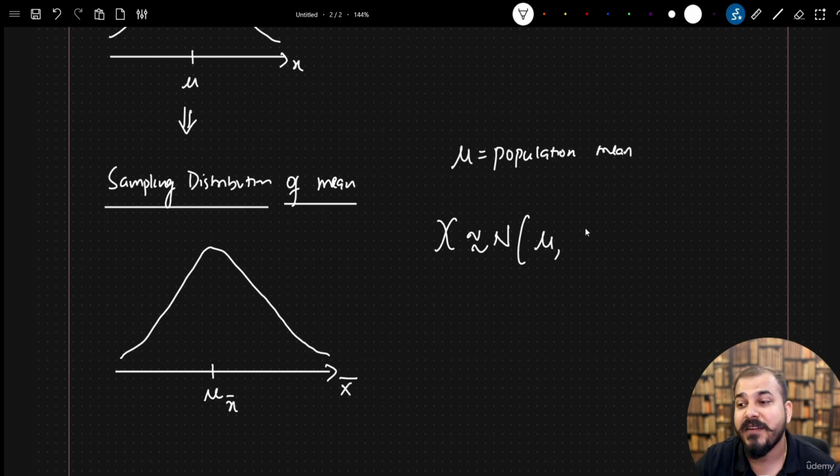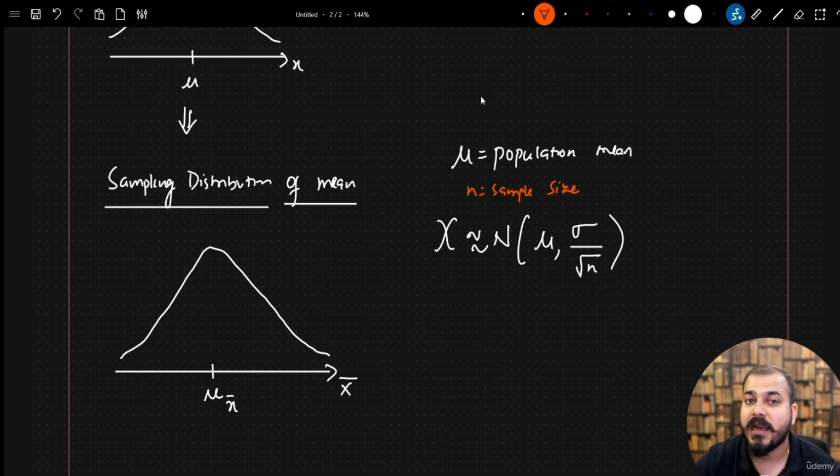But my standard deviation will be equal to sigma by root n. What is n? n is nothing but the sample size, and sigma is nothing but the population standard deviation, right?